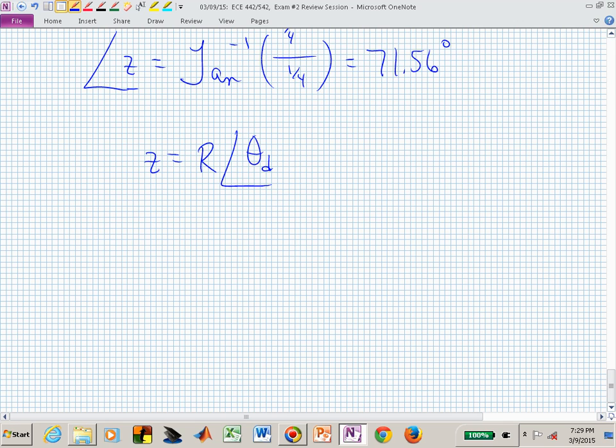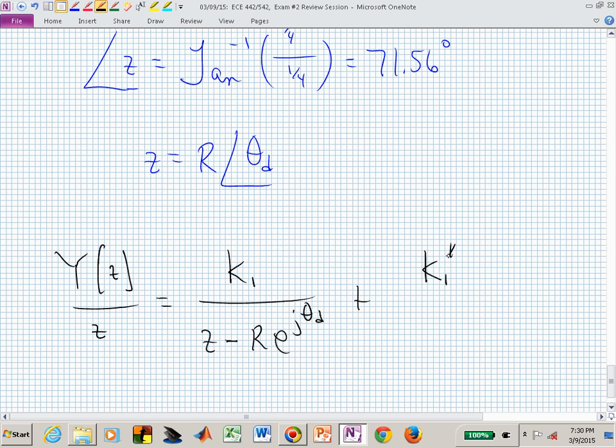You could find this answer by looking at y of z over z and expanding that, and if you keep this in terms of complex numbers, you have K1 over z minus r e to the j theta sub d plus K1 star over z minus r e to the minus j theta sub d.